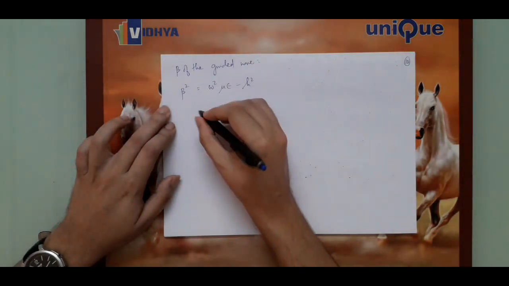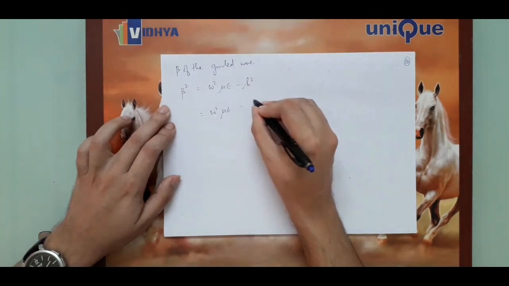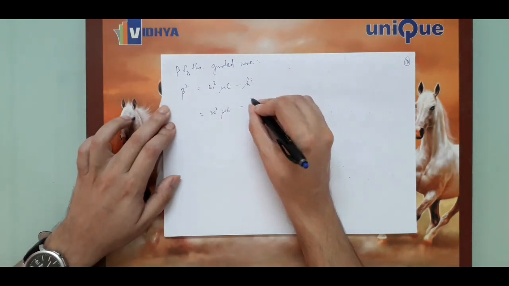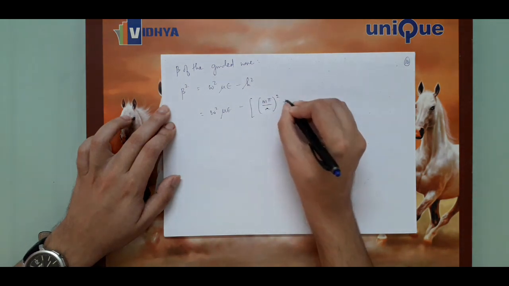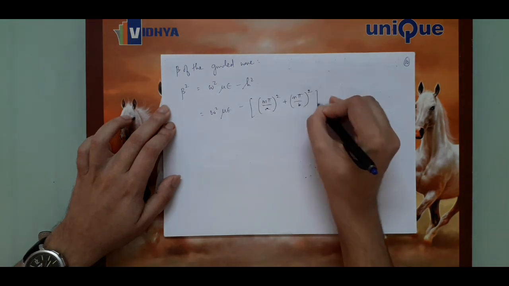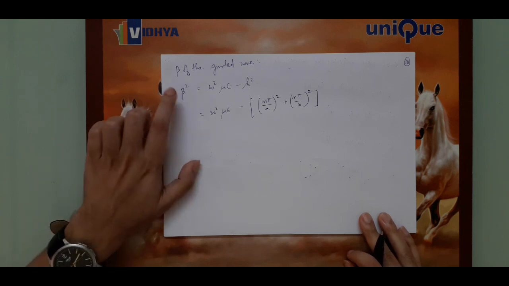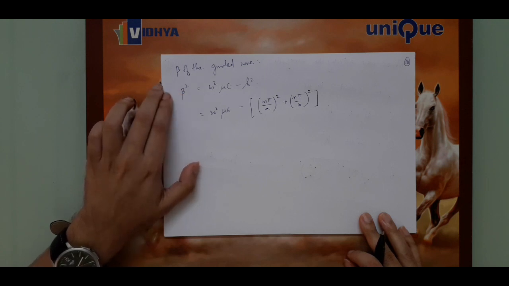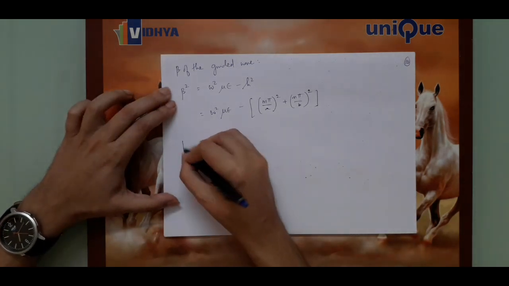So this is omega square mu epsilon minus this quantity. Now what we want is that beta should always be positive, so that the wave is traveling along the z direction.